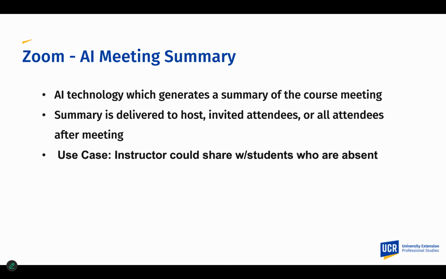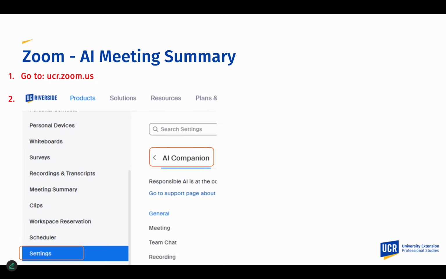Let's say a student missed a class and wasn't there to listen to everything discussed during the meeting, or you forgot to record. But you turn on the AI meeting summary, and at the end of the meeting, the platform will send you a summary of what you talked about, and you could share that with the students who weren't there for the class, right? Or just for record keeping, and I'll tell you how you could use it at a higher level later on down the road, at the end of this presentation.